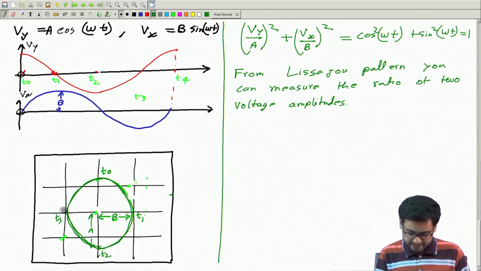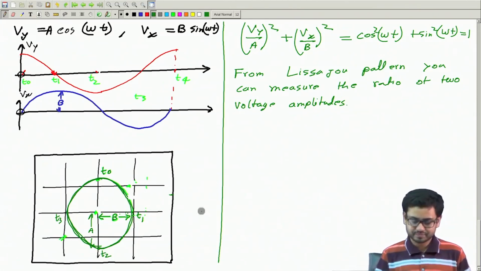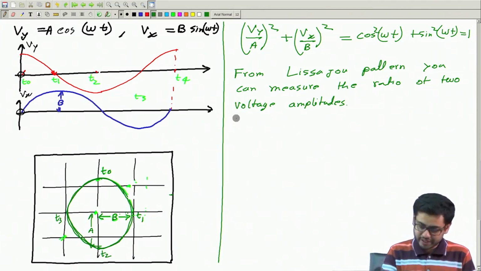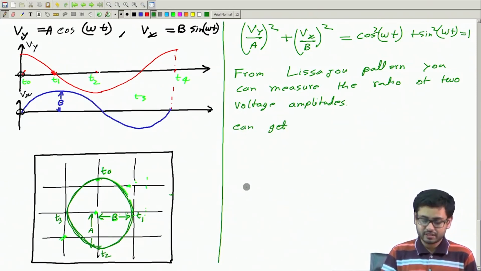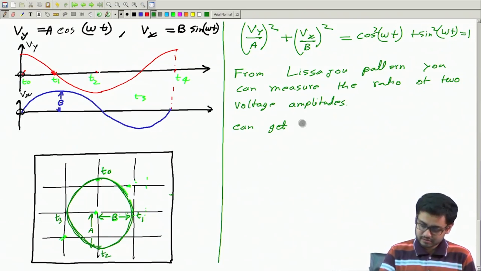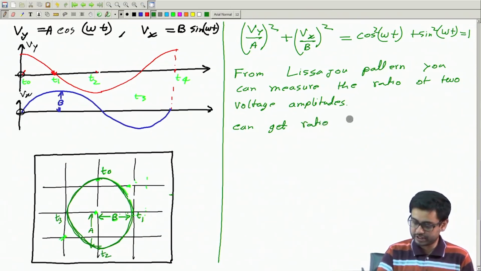So from this height and this width, you can get the ratio of these two amplitudes. You can also get the ratio of frequencies, so let's talk about that.